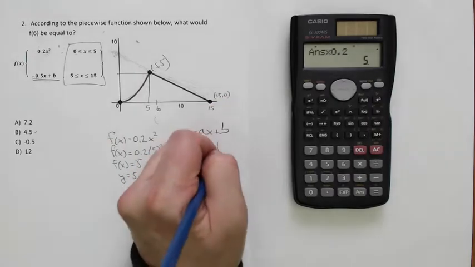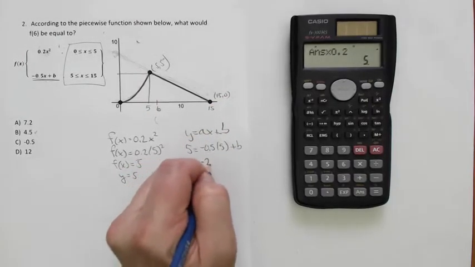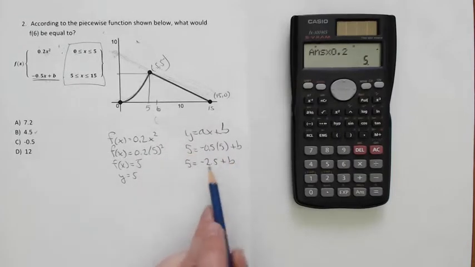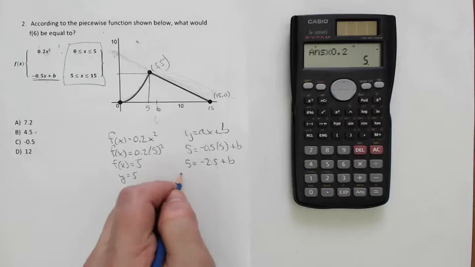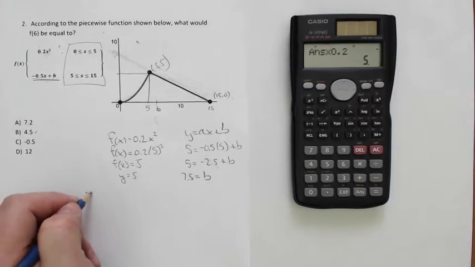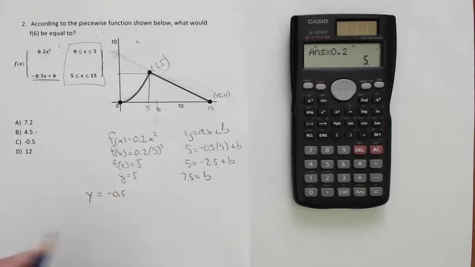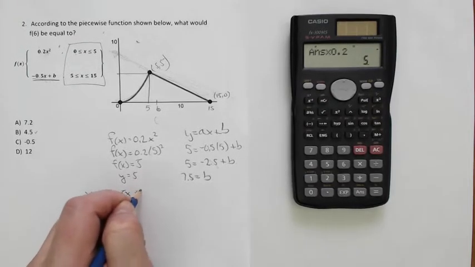Times x plus b. So that's 5 is equal to negative 2.5 plus b. I'm going to add 2.5 to both sides, making that go away, which is going to make 7.5 for my b. So the equation of this line, y is equal to negative 0.5, which they gave me, x plus 7.5.